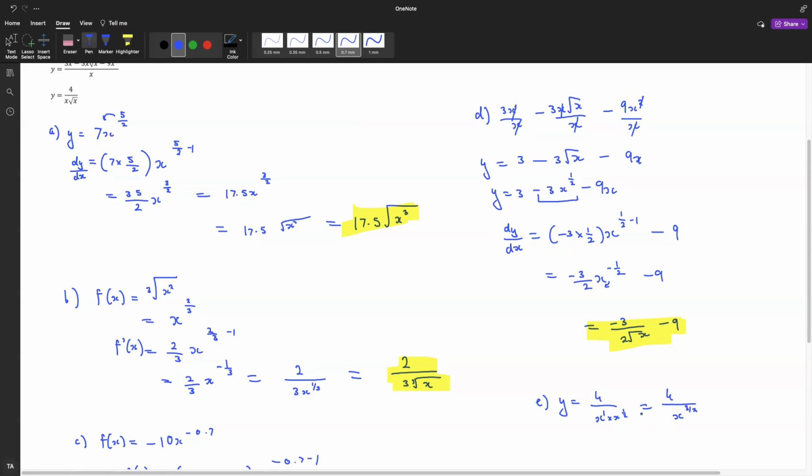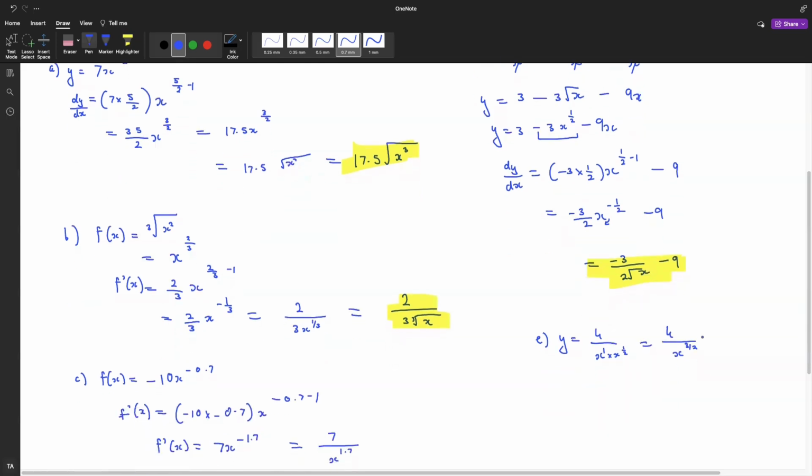Okay, now to actually differentiate this, we're going to bring this x up to the top. And to do that, nothing changes, just the index becomes negative. Okay, and now we can differentiate this. So we've got dy over dx is equal to, again bringing the power down, 4 times negative 3 over 2, and then reducing the power by 1.